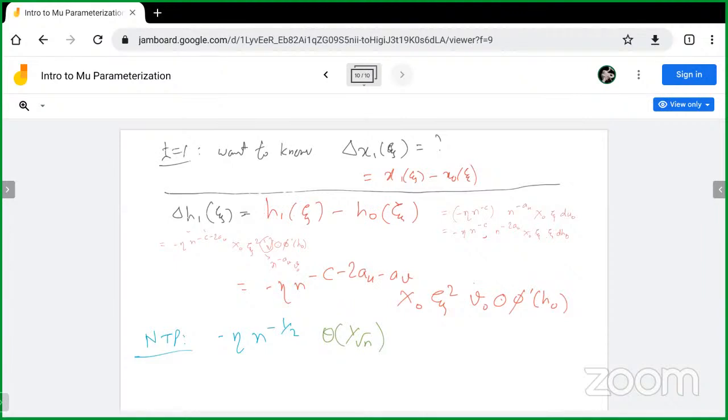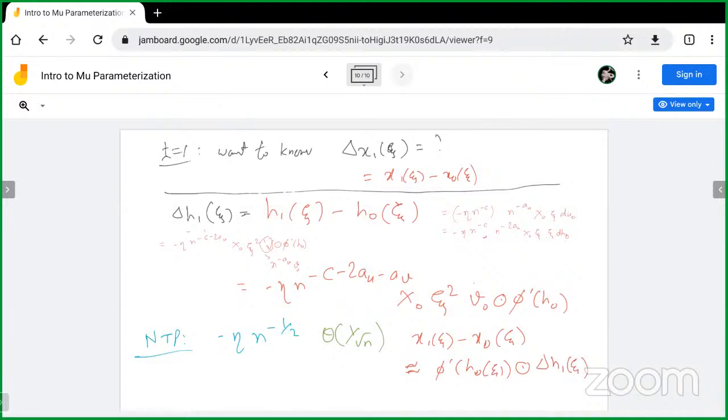And therefore that's the case for h, and similarly also for x, because remember from this equation, x1 zeta minus x0 zeta is roughly like phi prime h0 zeta matrix multiply, right?